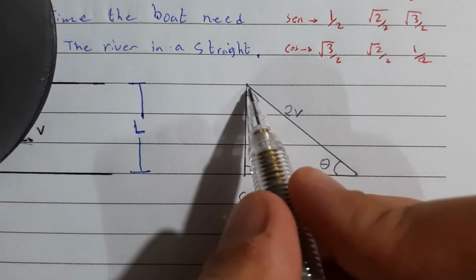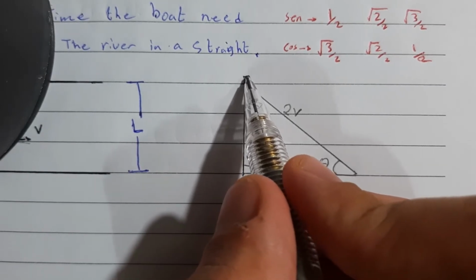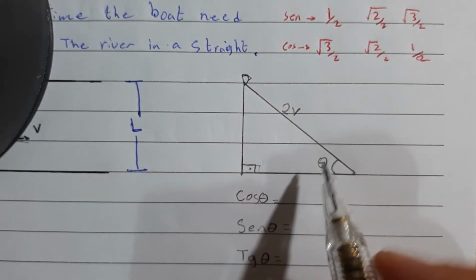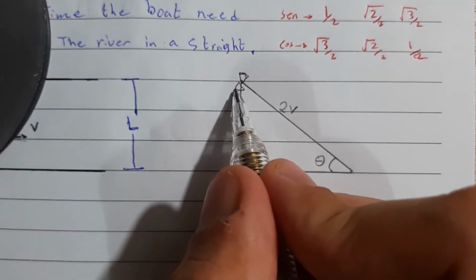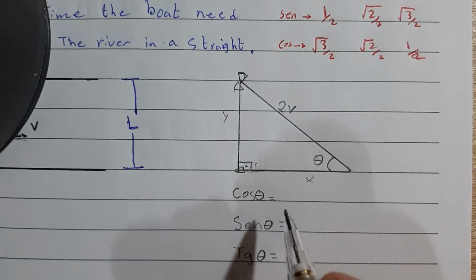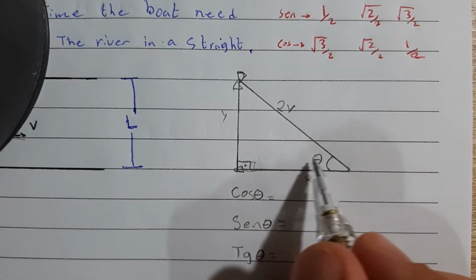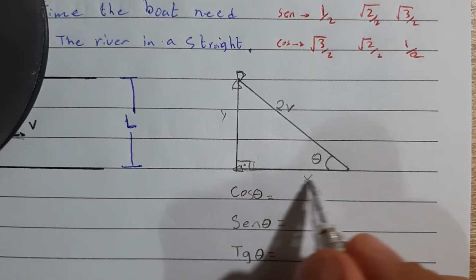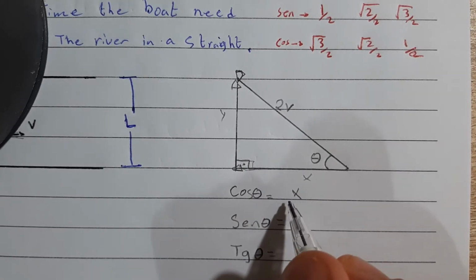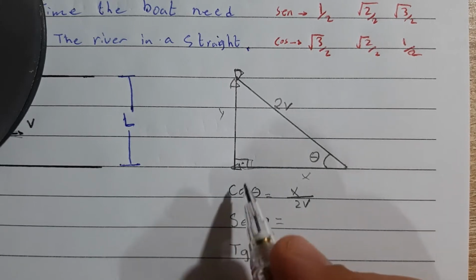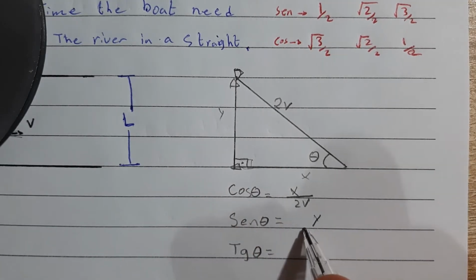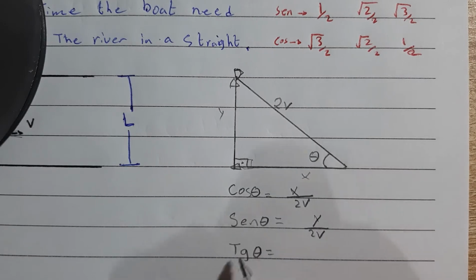If you don't remember a bit of trigonometry, look, you have here a triangle. Let's say this is the speed of the boat, 2v, okay? So this is a component in the x, and this is a component in the epsilon, okay? So the cosine of theta is equal to the adjacent side divided by 2v, and the sine is equal to the opposite divided by 2v. The tangent we are not going to use, but if you're wondering, it's epsilon divided by x, okay?